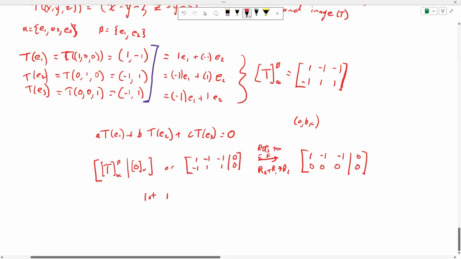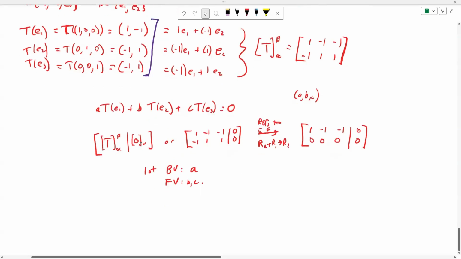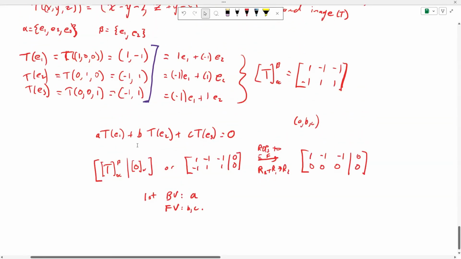First, our basic variable is a, and our free variables are b and c. The second thing to note is that we can solve for the solution vector (a, b, c). Now this solution vector doesn't give us our kernel directly, but we can use it for our kernel. And later, when we talk about the image, we're going to talk about our basic and free variables.